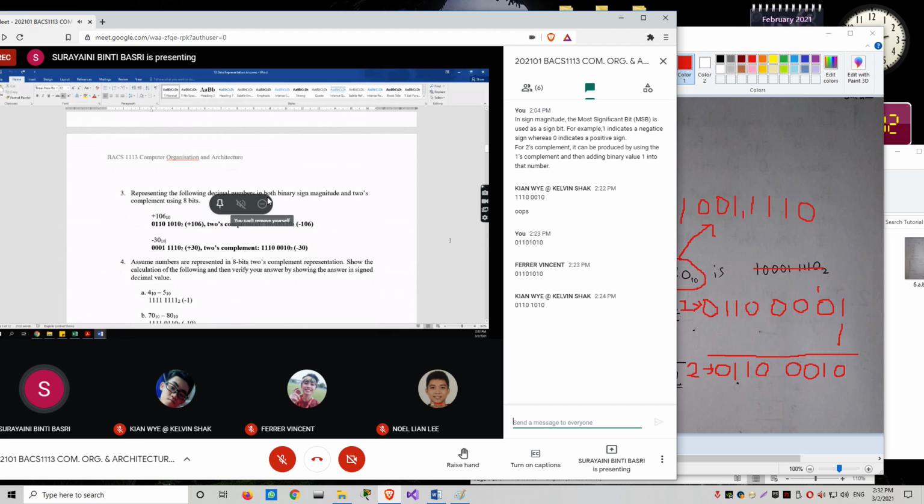Okay, for the two's complement, the first step is you get its binary number first. You already get the binary number by using the sign magnitude. Because this is positive, when you convert this decimal you get this binary.